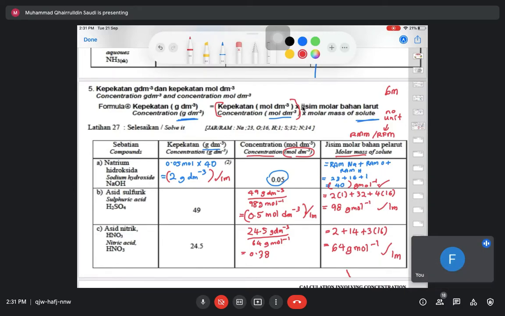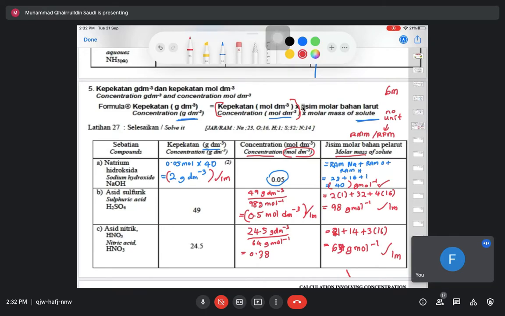So until what decimal places should you take the answer? 4 decimal places. 4 or 3. So 0.383. Oh, saya silap kira. Okay, sorry. 1. Thank you very much. So it will be 63 kan?